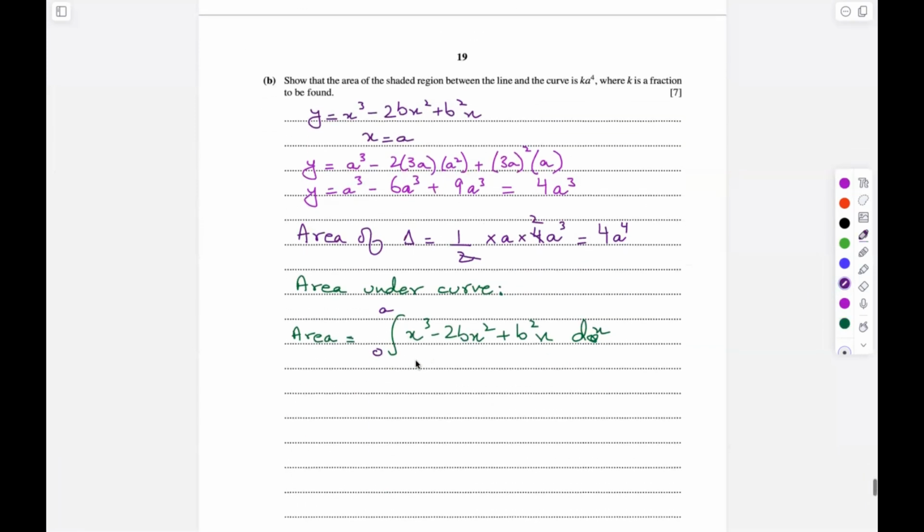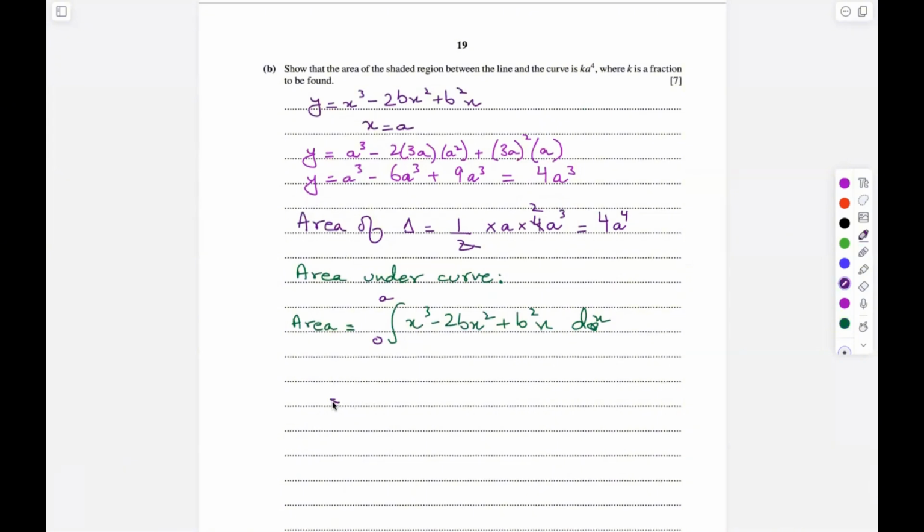In the first step, integrating x cubed will become x to the power 4 upon 4, minus 2bx cubed upon 3, and this will become plus b squared, where the power of x will increase by 1, so x squared upon 2.